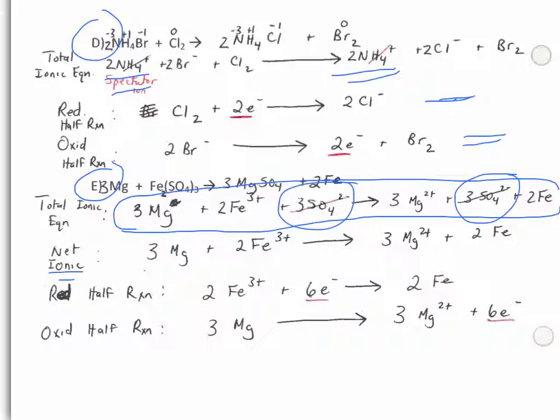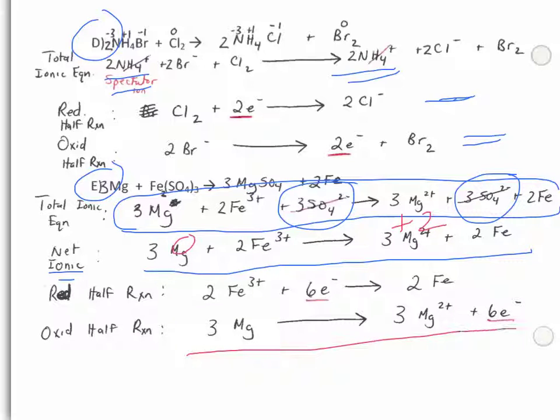We remove them to get the net ionic equation, and from that we can see that the Mg is going from an oxidation state of 0 to an oxidation state of +2, so therefore it must be oxidized. That's why it's written in the oxidation half reaction.